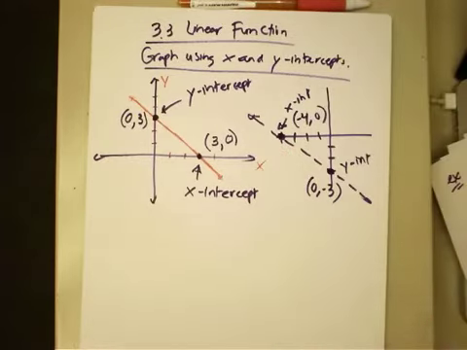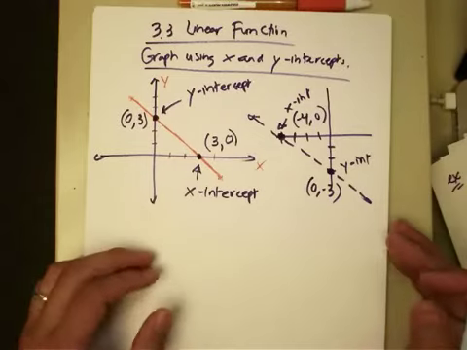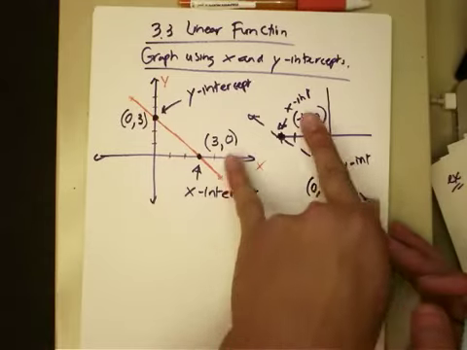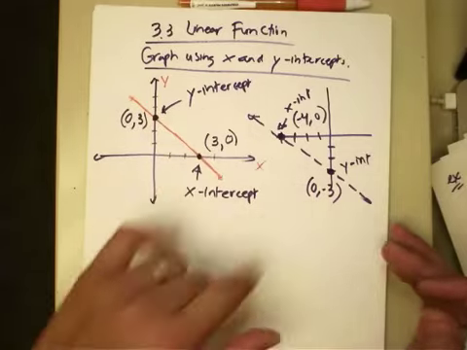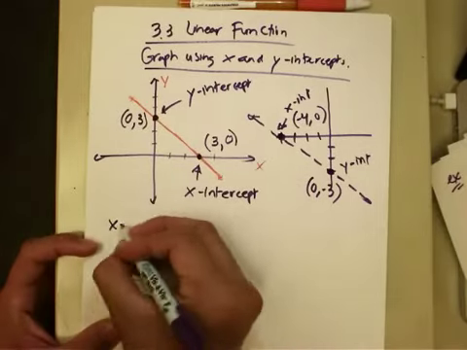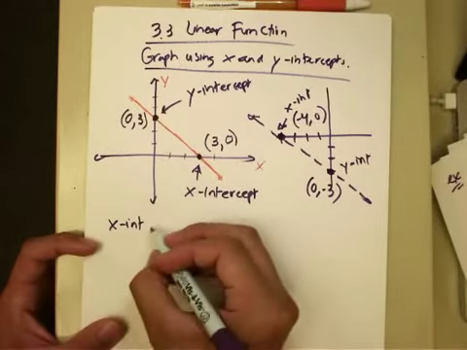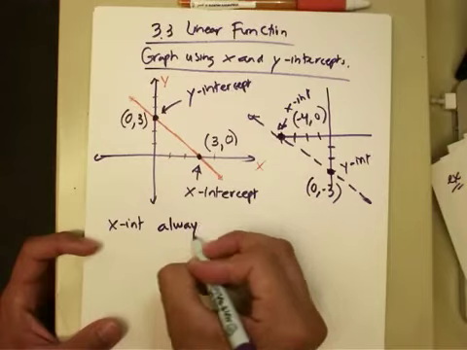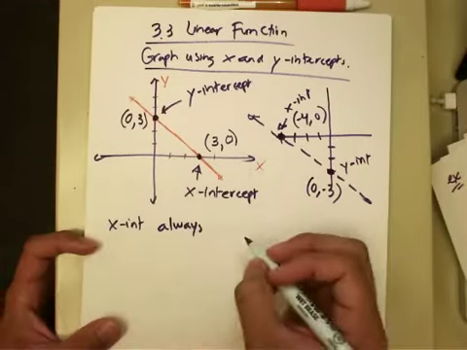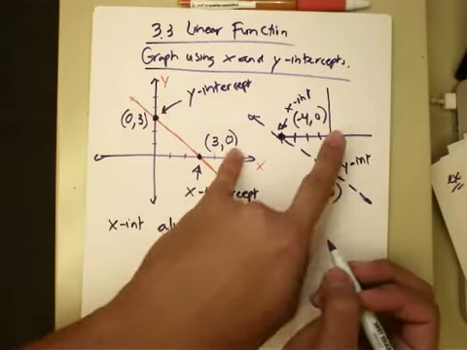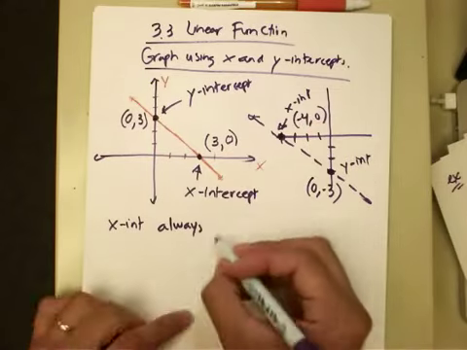What do you notice about the two functions that I just graphed? As you can see, x-intercepts, they both have what? Y-intercepts, they both have what? Okay, so if you examine closely, the x-intercepts always have what? They both have zeros on the y component.